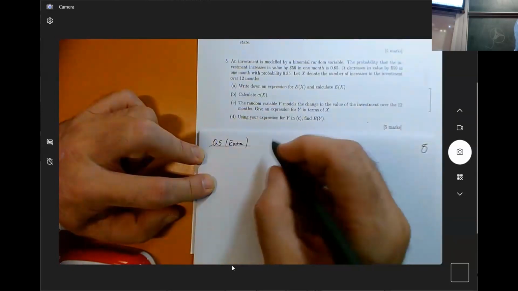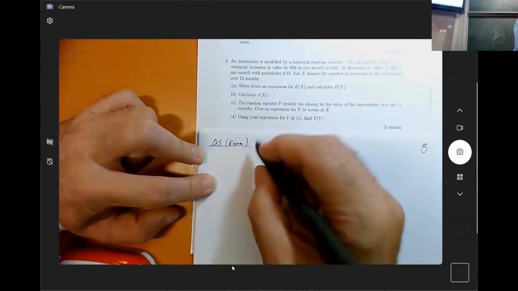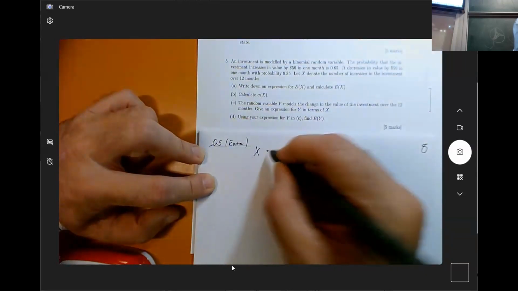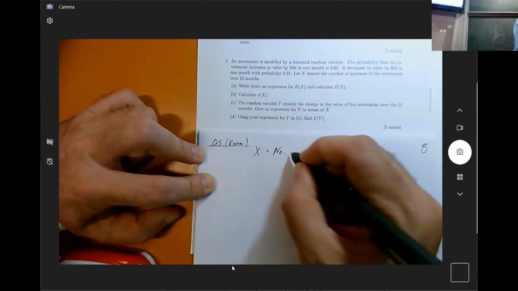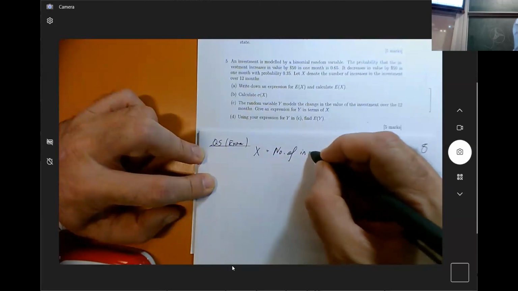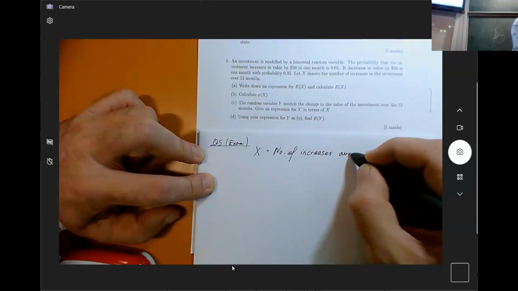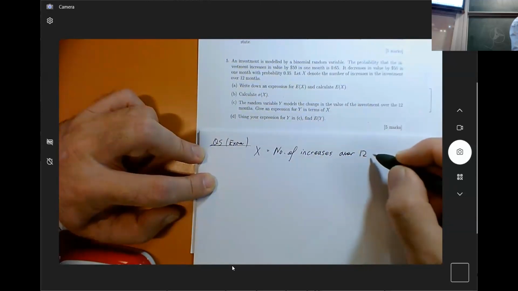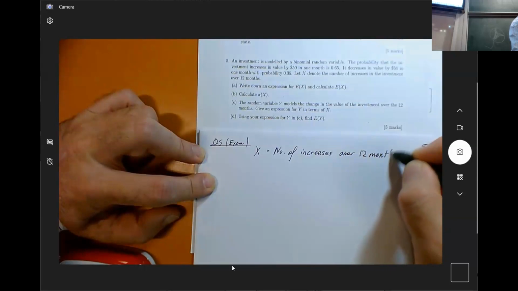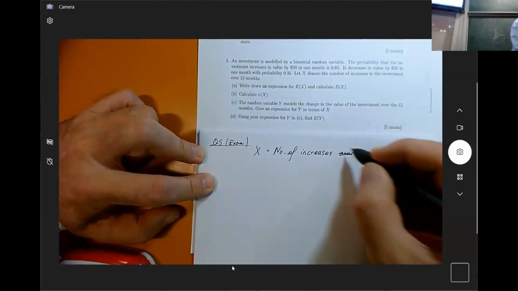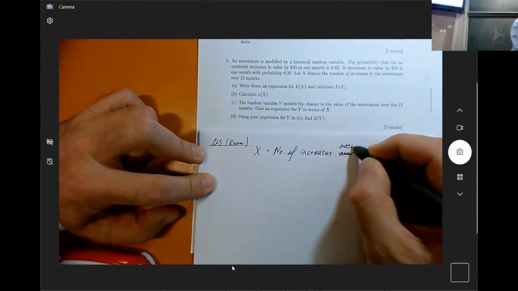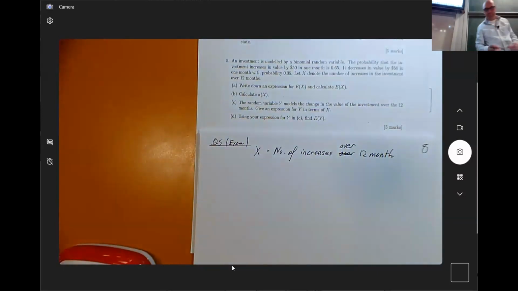So, and so X equal number of increases. That did not work out very well. That looks a lot better.